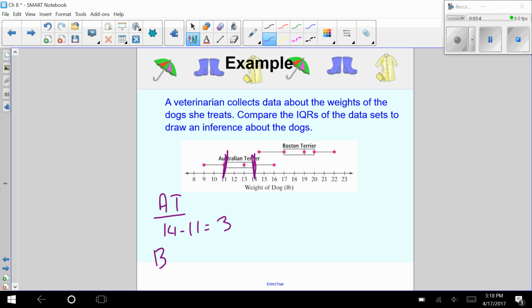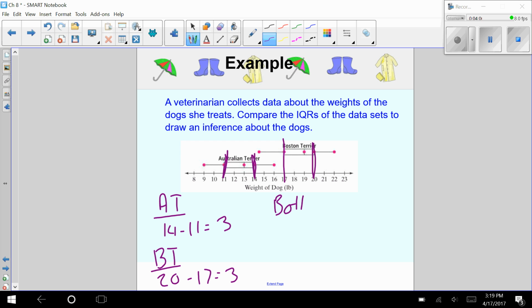For Boston Terriers, I'll call them BT, our upper quartile is 20, our lower is 17, which gives me an IQR of 3. So what inference can we make? Well, we can say that both types of dogs have weights that vary the same amount.